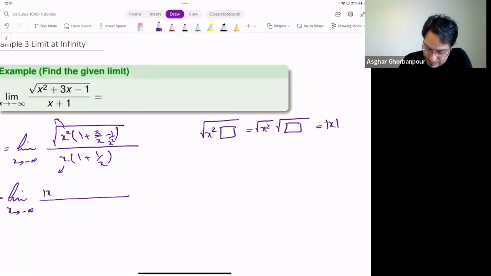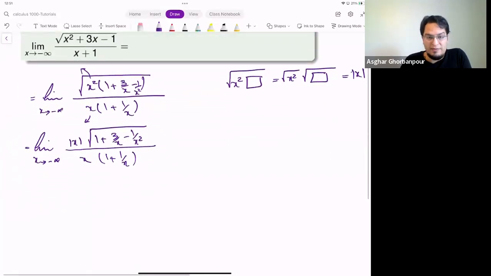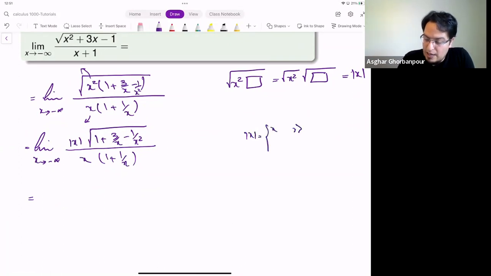So the absolute value of x will come out, times 1 plus 3 over x minus 1 over x squared, over x times 1 plus 1 over x. Before we do the simplification and apply the limit laws, we have to be careful here. I am trying to use a formula for absolute value. Absolute value is a piecewise defined function: it is x when x is bigger than or equal to 0, and it is minus x when x is a negative number.